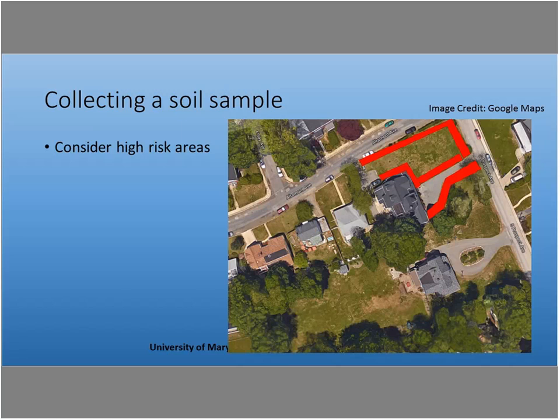So looking at this site, you can see that I've marked some spaces out in red along the wall of the building, along the road, and along the driveway. And those are places I would think of might be particularly high risk for metal contamination because of sources that Jared mentioned, lead paint, leaded gasoline, maybe someone was doing work on the cars in the driveway in the past.